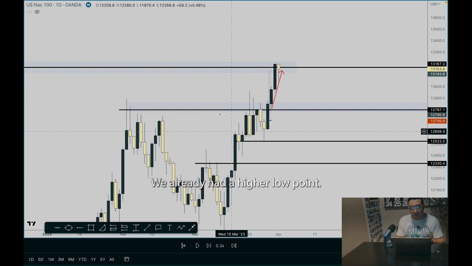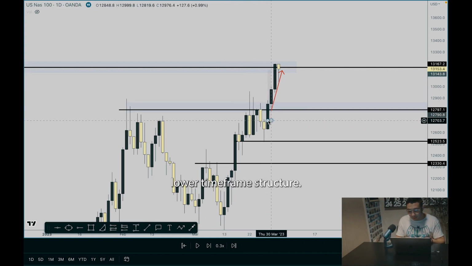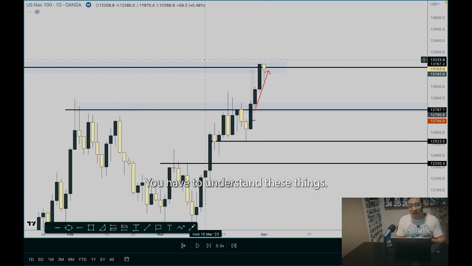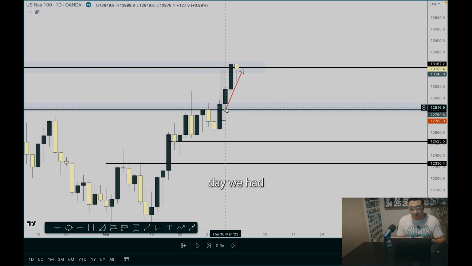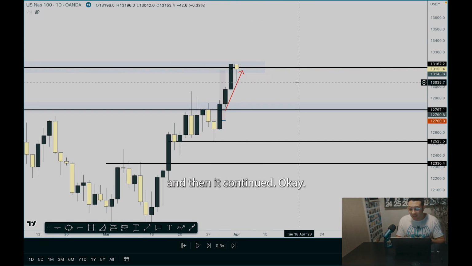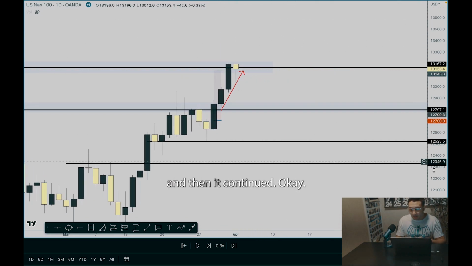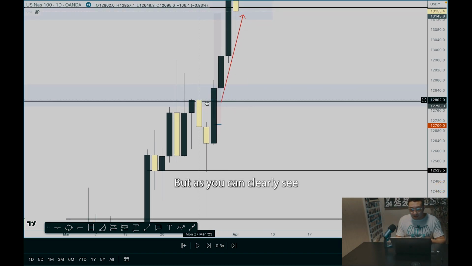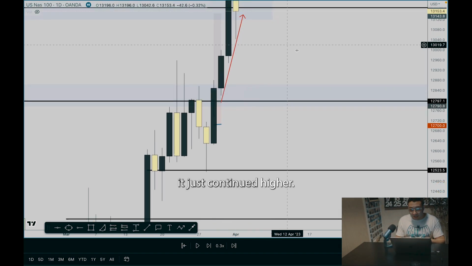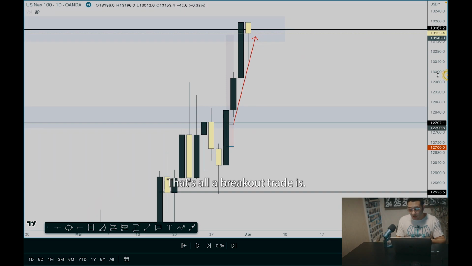We already had a higher low point. We already had price break lower time frame structure. The overall direction was bullish. You have to understand these things. And then the next day we had a little pullback to retest this area, and then it continued. But as you can clearly see, after this point, it just continued higher. That's all a breakout trade is.